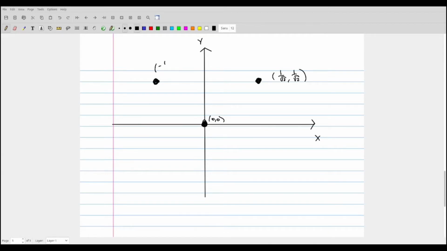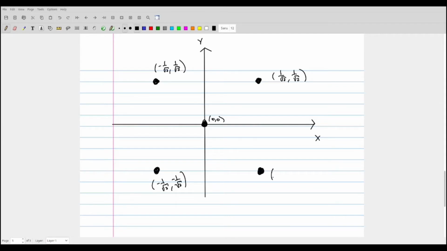The point (negative 1 over the square root of 2, 1 over the square root of 2) is a critical point. The point (negative 1 over the square root of 2, negative 1 over the square root of 2) is a critical point.